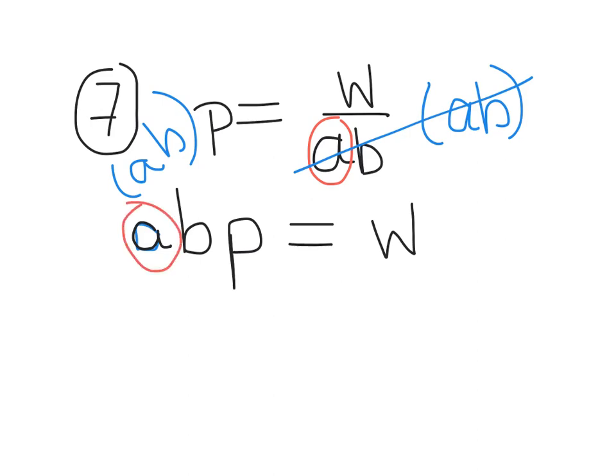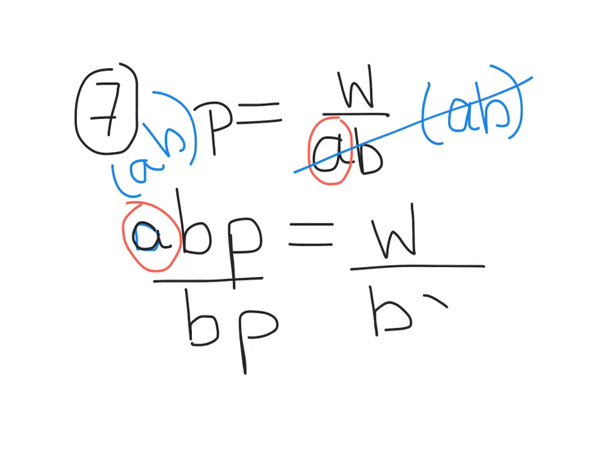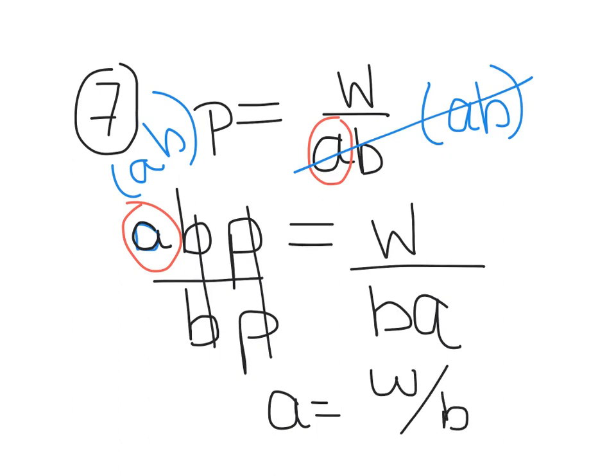So right now, A is multiplying with P and B. So I'm going to unmultiply, aka divide by BP. These cancel out. You are left with A equals W over BP. And this is your final answer.